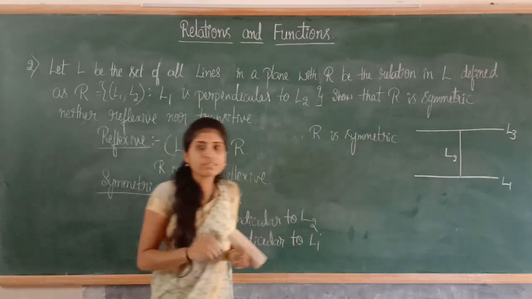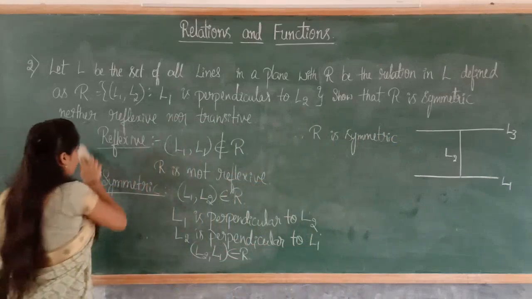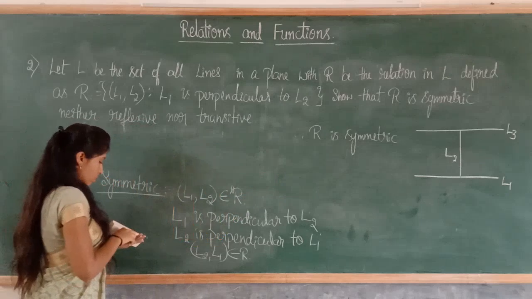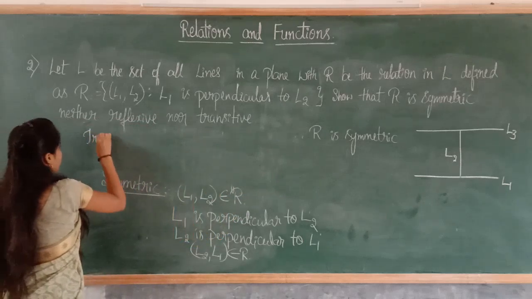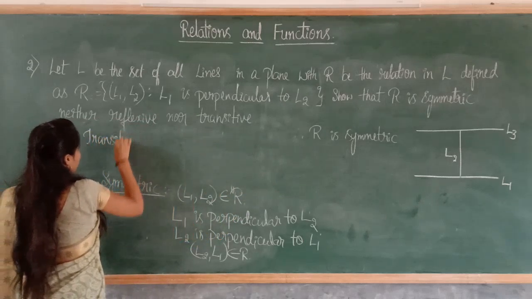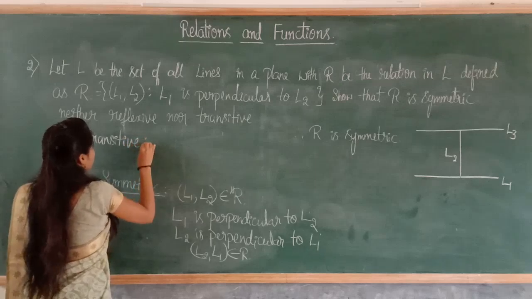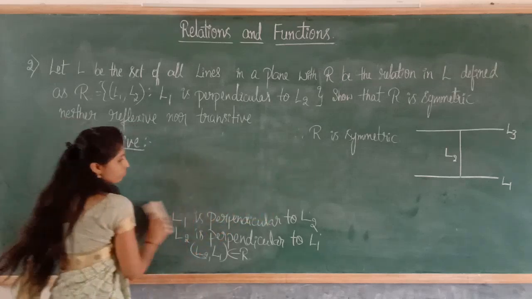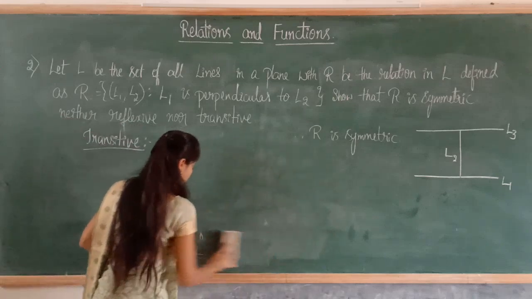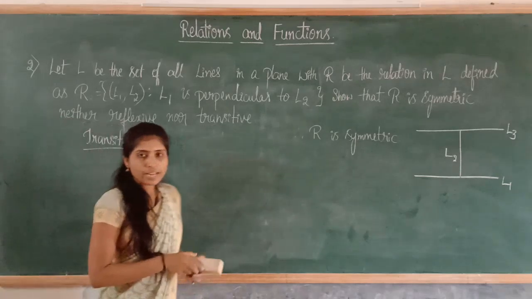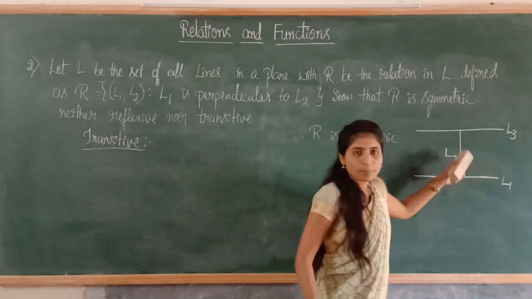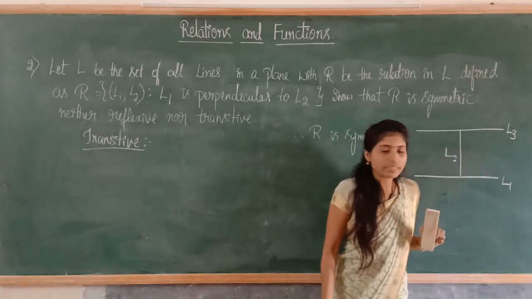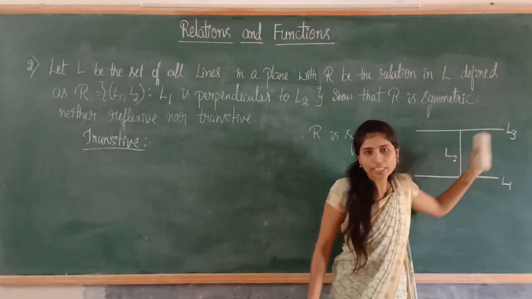The next one is transitive. For the transitive condition, L1 is perpendicular to L2 and L2 is perpendicular to L3. But L1 is not perpendicular to L3, right?